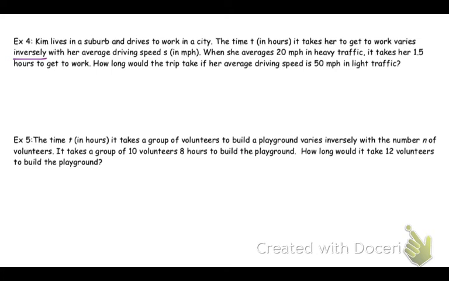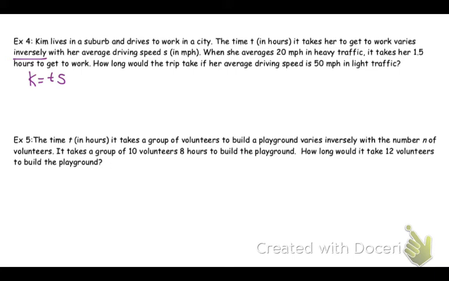Inversely means my constant is going to be x times y, or in this case, t times s. It tells us she averages 20 miles per hour in heavy traffic. If that happens, it takes her 1.5 hours to get to work.